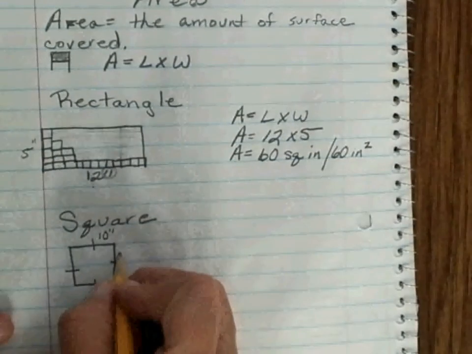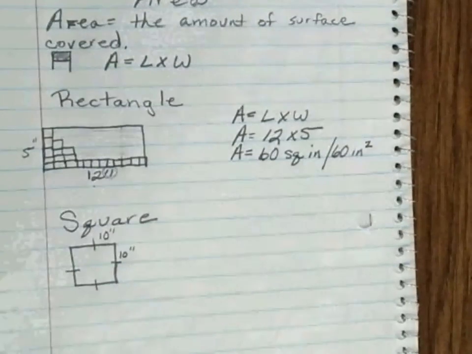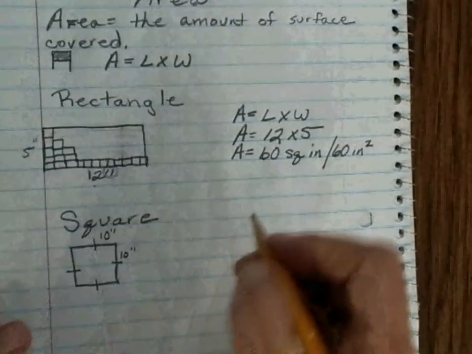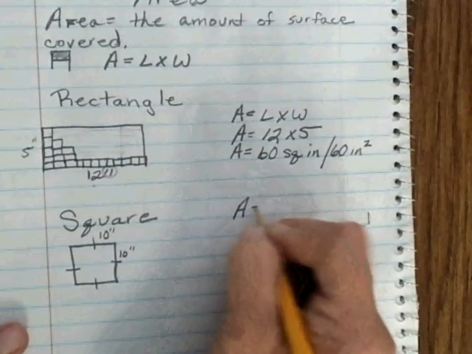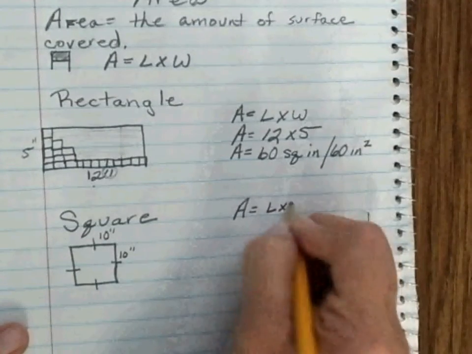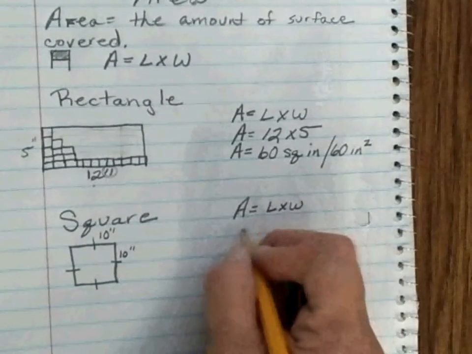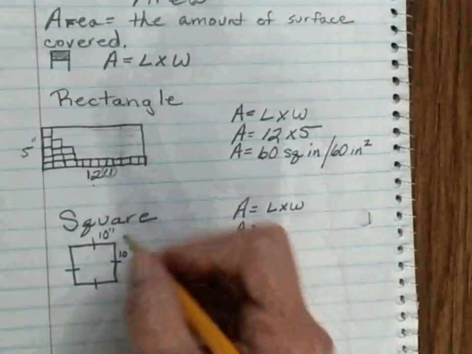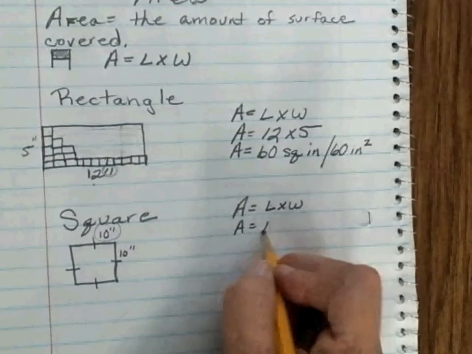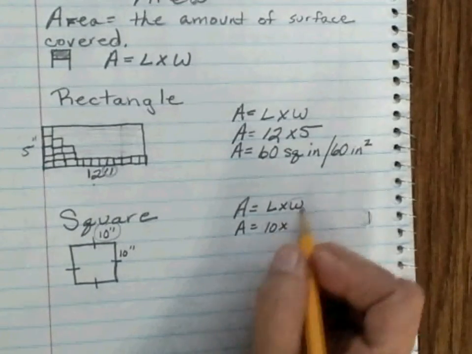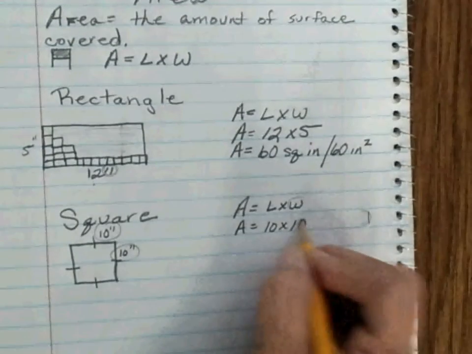So that means my width must also be 10. Okay? So again, I'm going to rewrite my formula, and I want you guys to do this on every problem. Write your formula. Get in the habit of that. Okay, area equals length times width. Area equals, and I'm just going to plug in my numbers, 10 times 10.